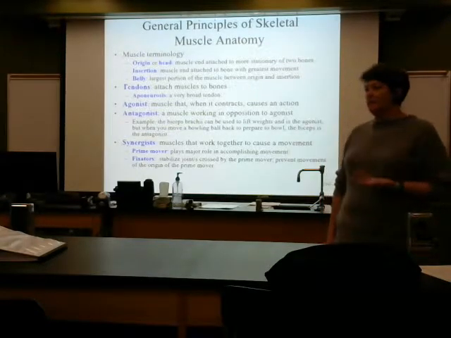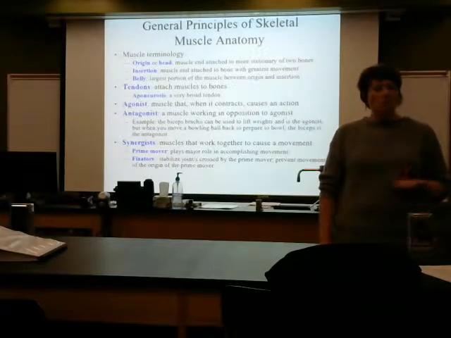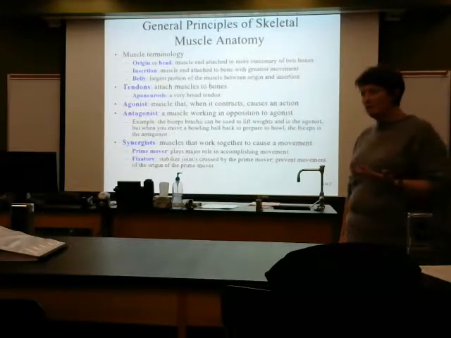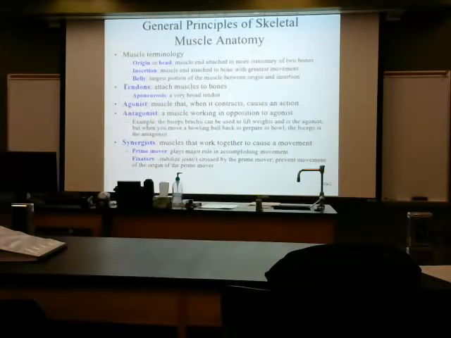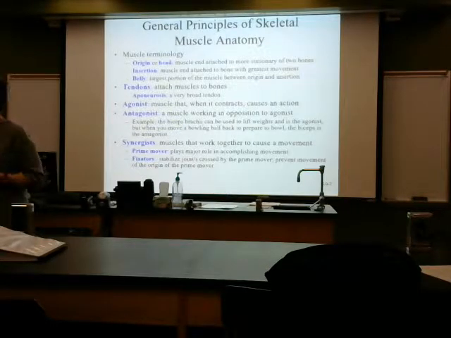Now, glycemic means sugar. We're going to have to think about that one for a second. How is it that the muscle, let's just think about the skeletal muscle as a whole, could have anything to do with sugar control in the body?